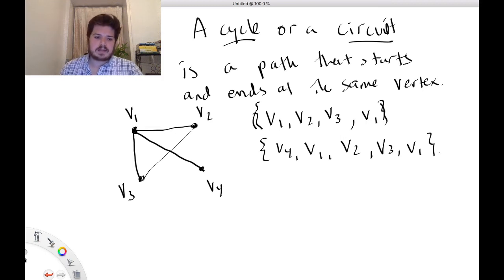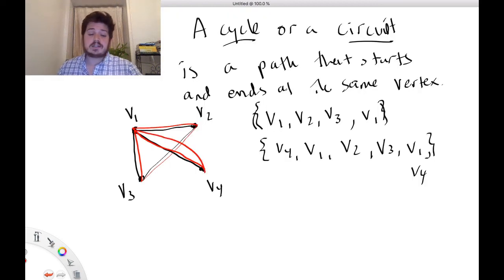So all the path starts and ends at the same place. So this is the second one, V4 to V1, V1 to V2, V2 to V3, V3 to V1. And I forgot to end this cycle. And then V1 back to V4.